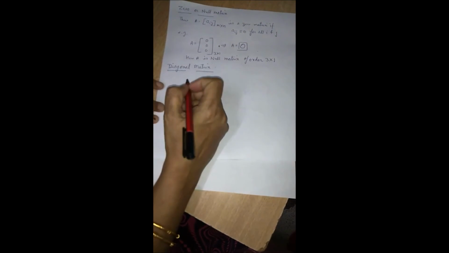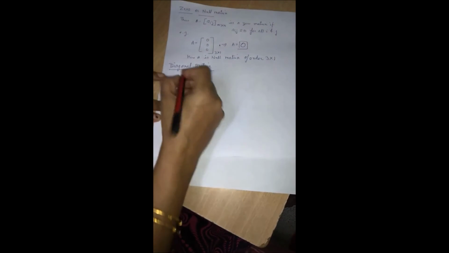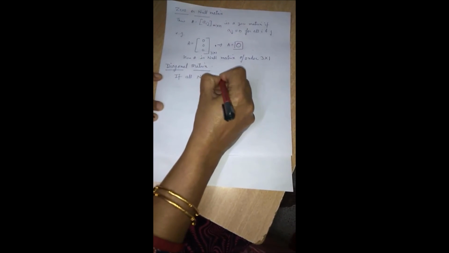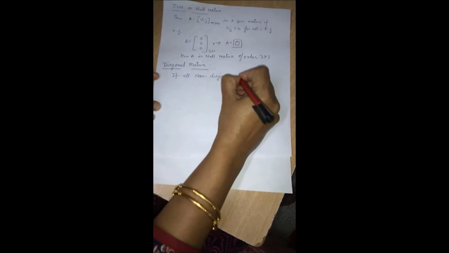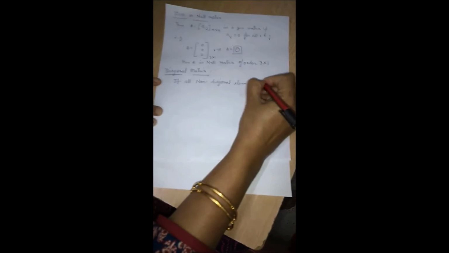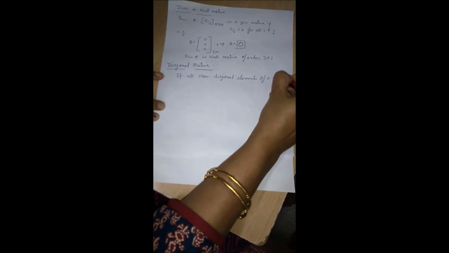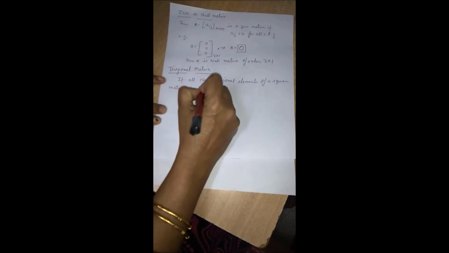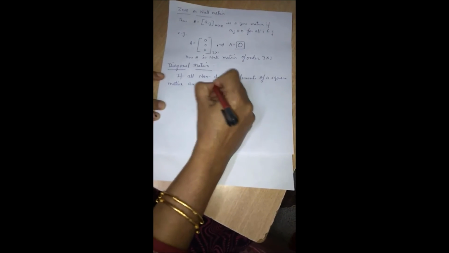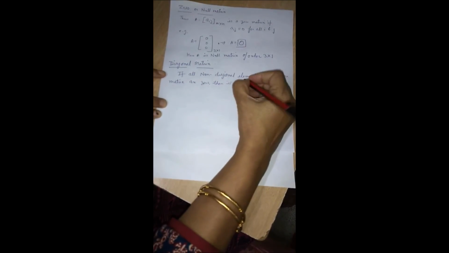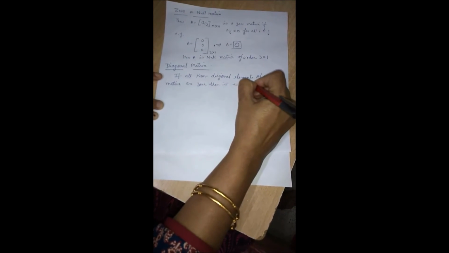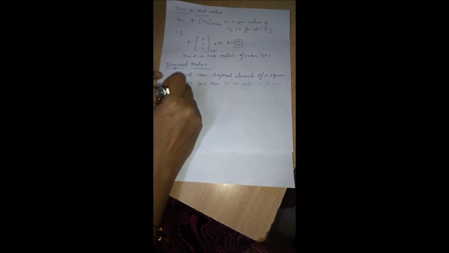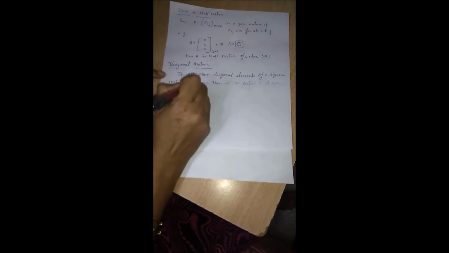If all the non-diagonal elements of a square matrix are 0, then it is called a diagonal matrix.